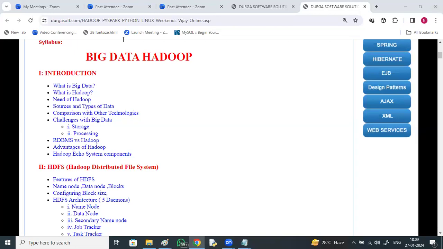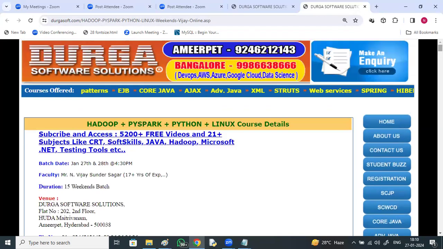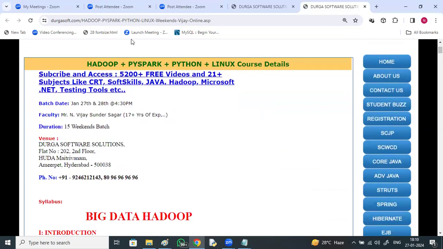You mentioned the weekday classes, which one is that? That is for Python. You can attend any of my batches for Python. The fee structure is 15,000, which includes Hadoop, PySpark, and Python also, nearly 1.5 months of Python classes.